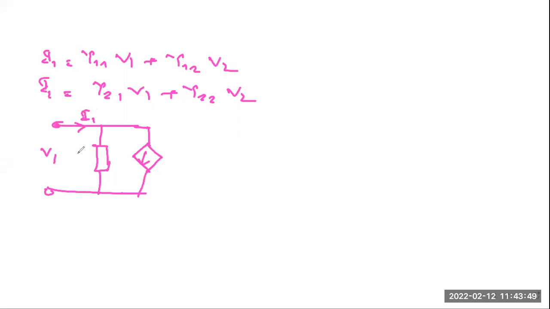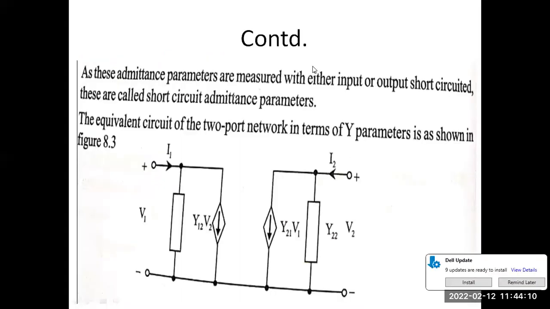Okay, dependent source. I will try to make you understand this. Just a minute.